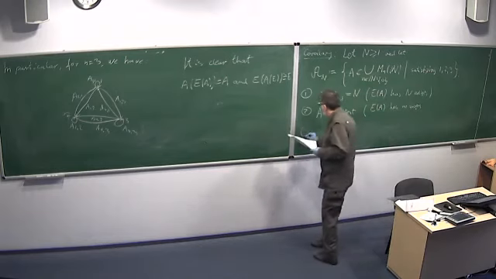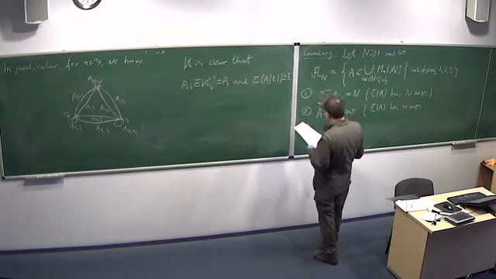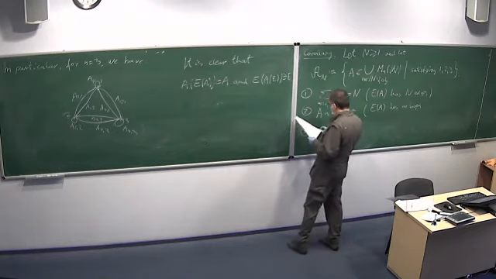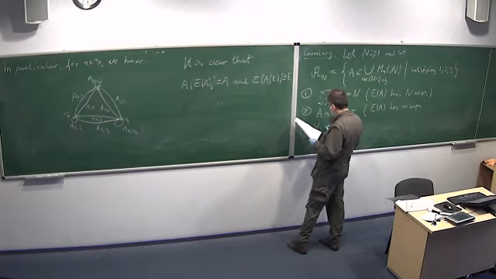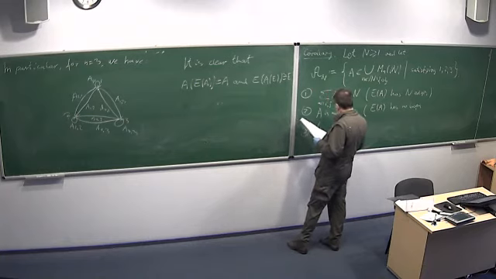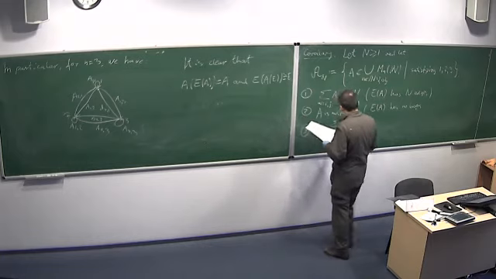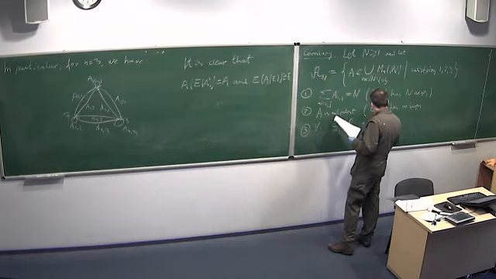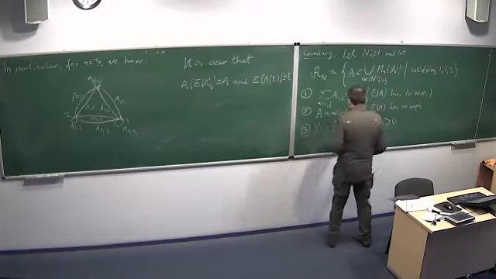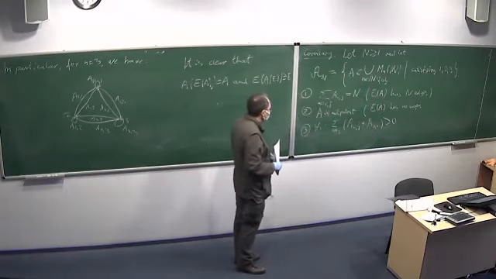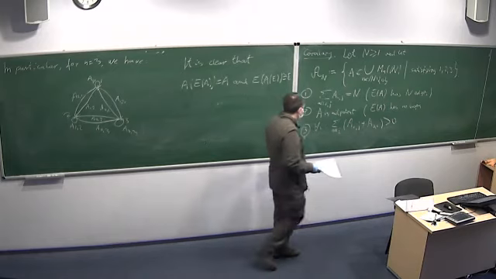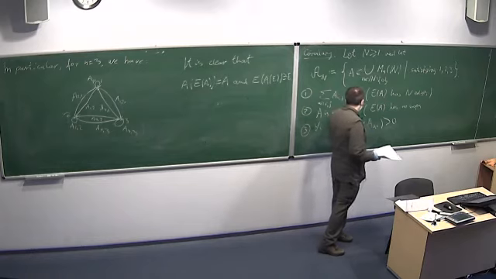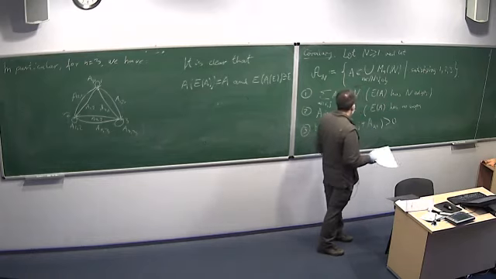Now 3. And now I want to write down that every vertex receives or emits an edge. So I write that for any i, the sum over all j of a_ij plus a_ji is positive. Right, so this means that when I fix my i, at least one of these numbers will be positive for some j.